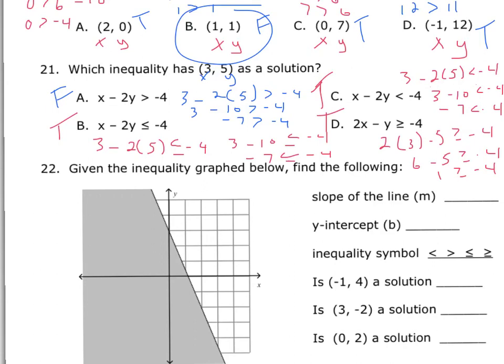So there's 3 true answers here. And the question says which one has 3, 5 as a solution. Well, that would be all of the true answers. I think this was probably meant to be written as which one is not a solution. But since that's what it asks, we're going to circle all 3 answers. On a test, it won't look that way.